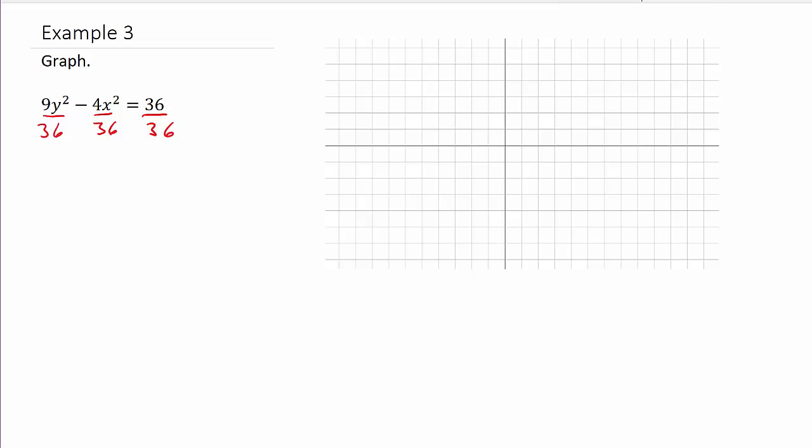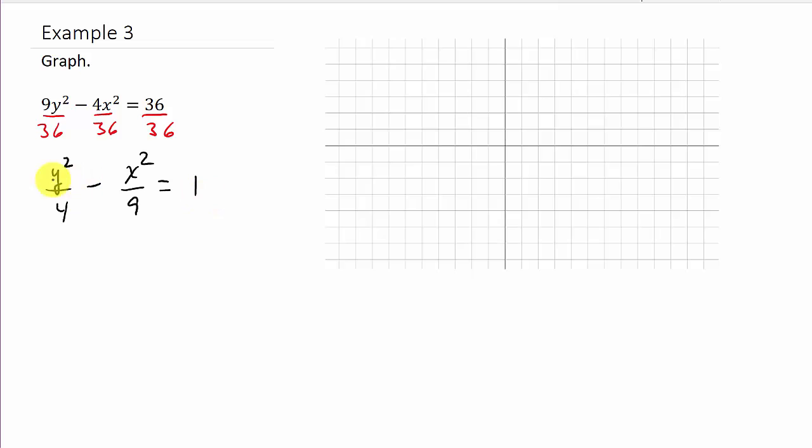The 9 and 36 cancel, so we're left with y squared over 4 minus, and then here the 4 and the 36 cancel, so we're left with x squared over 9, and that equals 1. And now we have it in the form we need it.